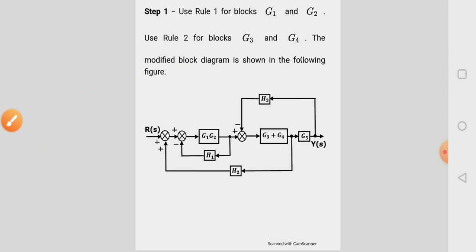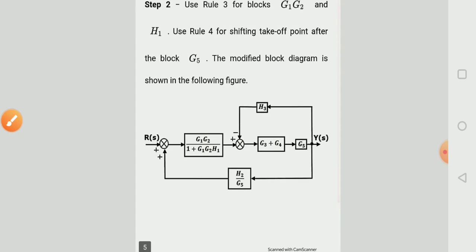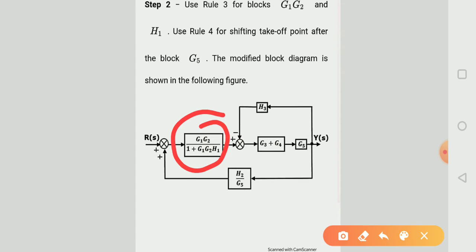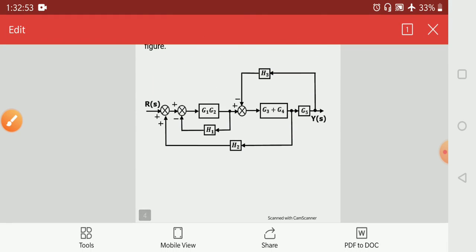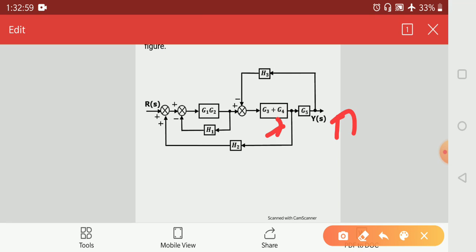And if we take this takeoff point from here to here, then according to the block diagram reduction technique, in the feedback path of this takeoff point we multiply 1 over G5.